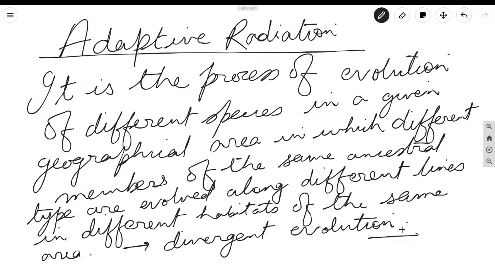Okay. Like if you take an example, you can take Darwin's finches, or marsupials, or even mammals. So what happens is, if you take a huge geographical area, it shouldn't be a segregated area, because a question comes up at a higher level, if you take SAT or AP and all.